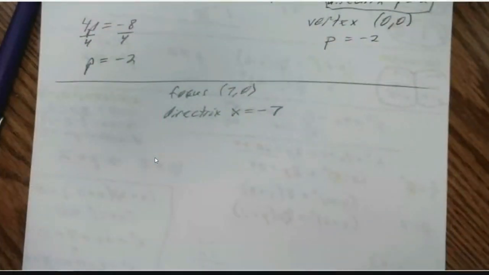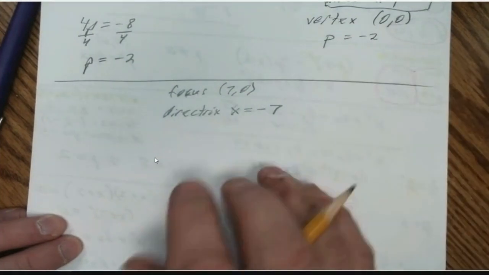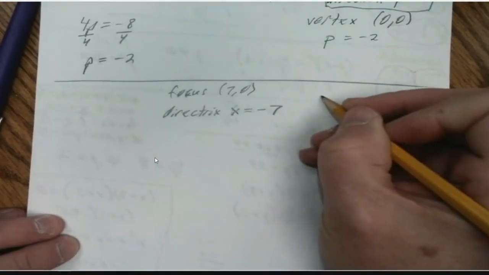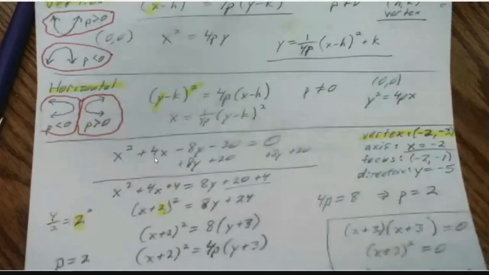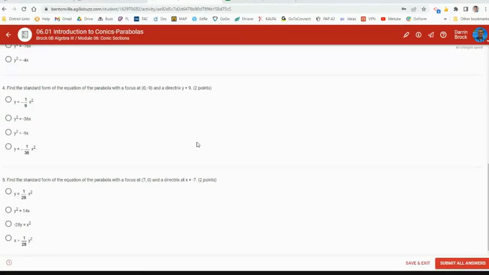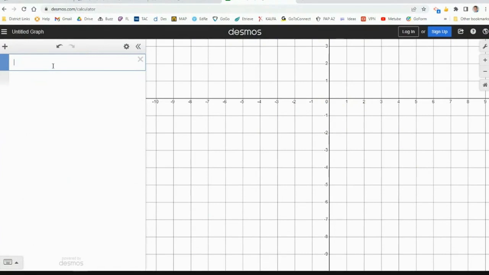We know we've got to find the equation for this. This is a directrix of x equals a number, so that means it's a vertical line. If we're not sure what we need, let's just graph those two things to get a visual picture of where these are.